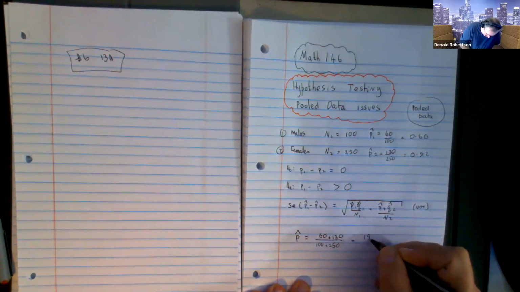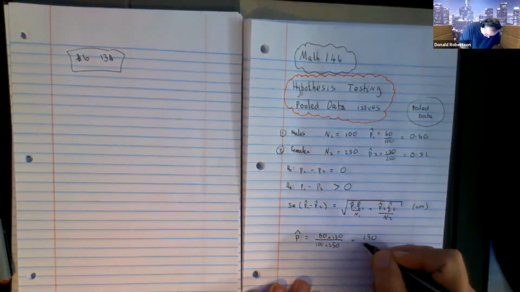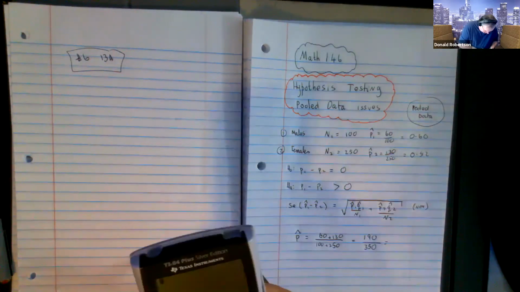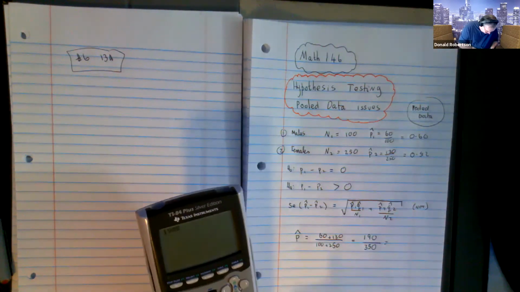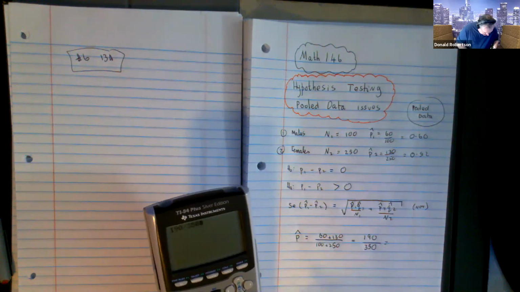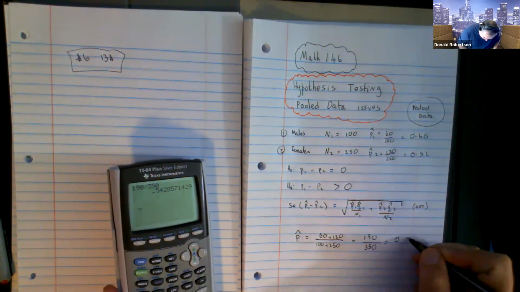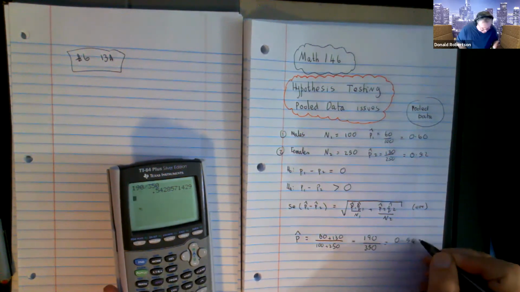So that ends up being 190 out of 350. And we've talked about that before, so this is not new. It's 190 divided by 350. And this comes out to be roughly 0.543.